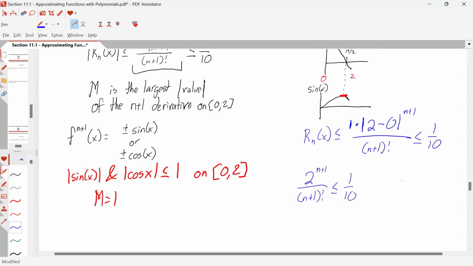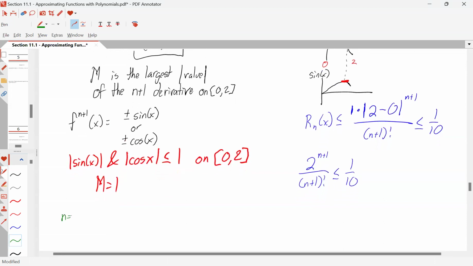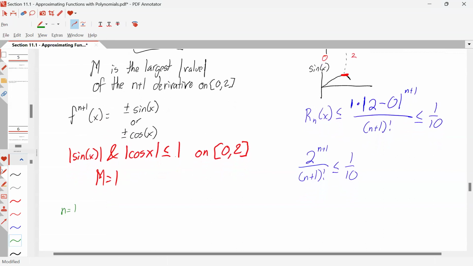So we're going to just plug in some values and see when this becomes less than or equal to 1/10. When n equals 1, we'll have 2 squared over 2 factorial. This is actually 2. That is bigger than 1/10. So it's not n equals 1. N equals 2, we will get 2 cubed over 3 factorial, which works out to be 8 over 6.